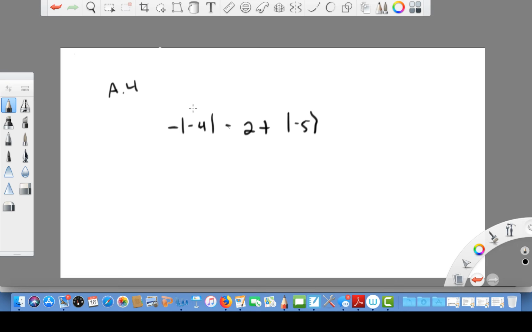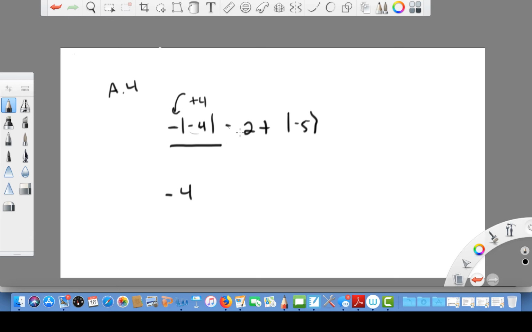Well, in the middle here, we note that this value inside these marks is actually equal to a +4. But because we have an outside negative here, that means that this term right here is equal to a -4.